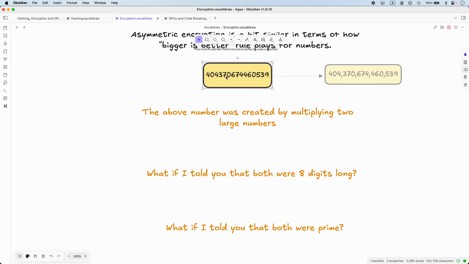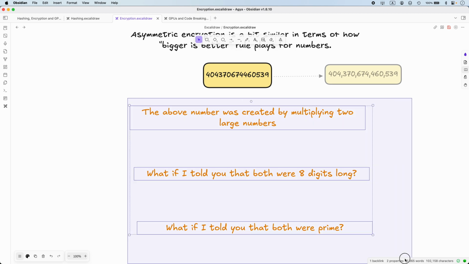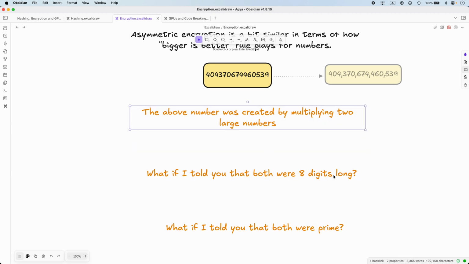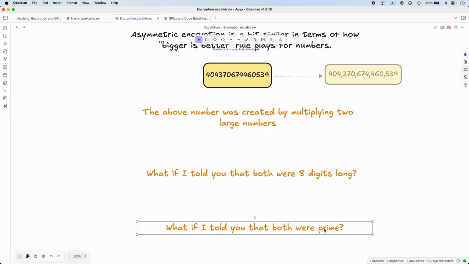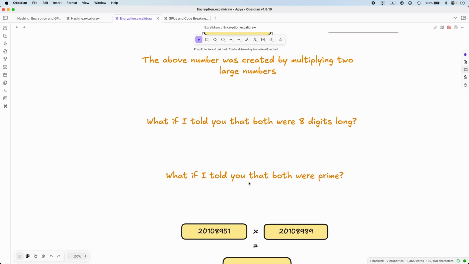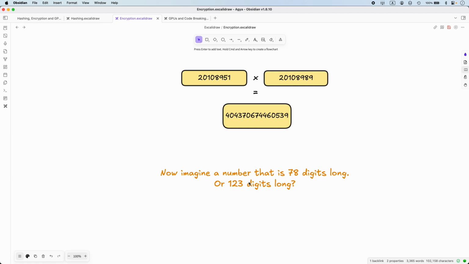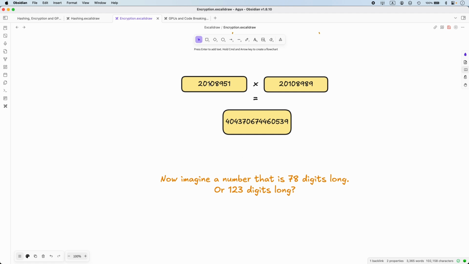So the bigger the number, the more effort it's going to take with these rules. Large numbers and prime numbers are going to give you headaches if you're trying to break it. And this is more or less how RSA works. RSA multiplies two very large prime numbers and gives you a number, and one key is derived using this.